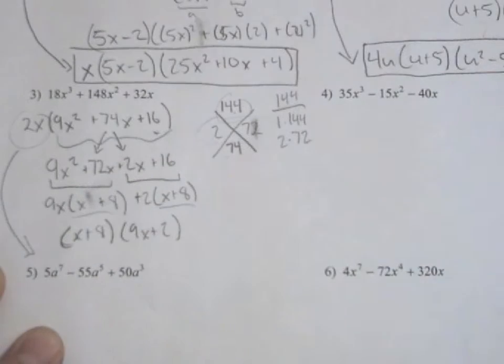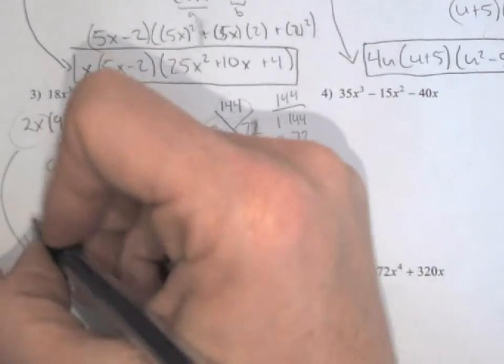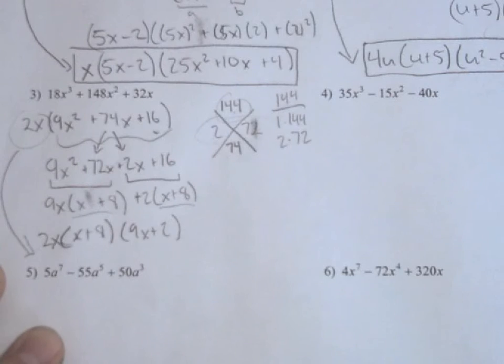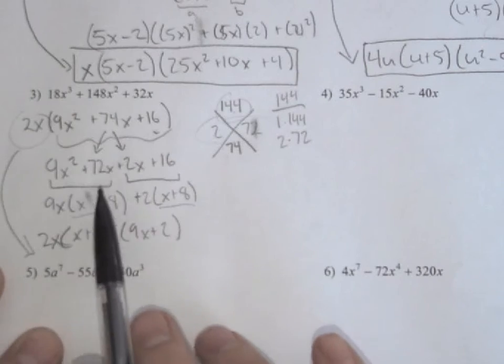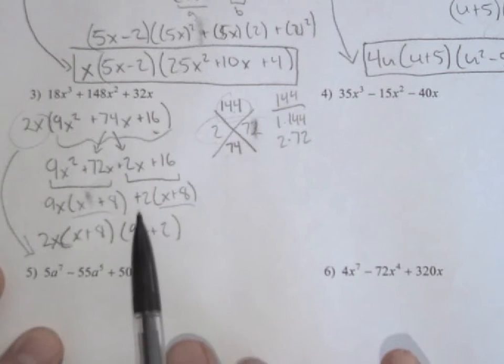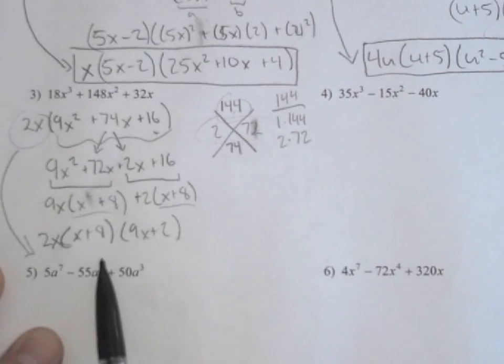Now we have to go back and remember this arrow here was reminding us that we took out a greatest common factor of 2x at the beginning. So we did step 1, pull out the greatest common factor. Step 2 was recognizing this was a trinomial and then using our trinomial factoring technique, which was AC grouping, to factor the trinomial.